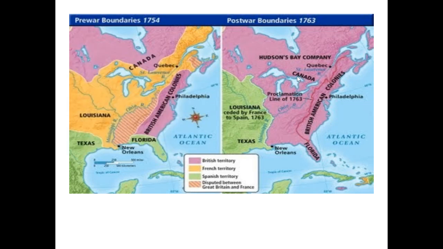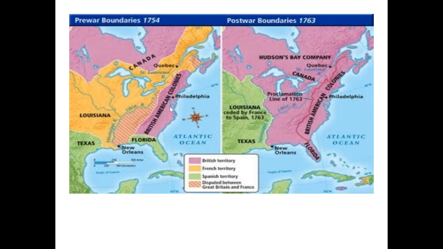On the left-hand side, at the beginning of the war, you see the British colonies hugging the coast, with conflicts between French settlers and the British colonies over the disputed land in the middle.